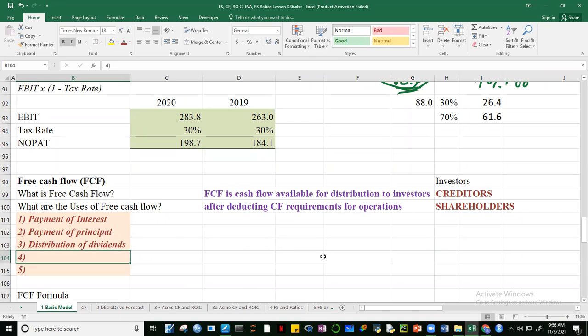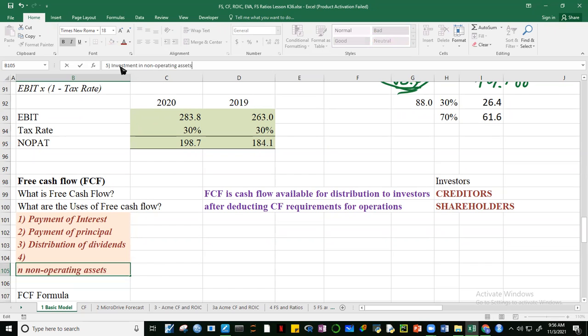Okay, so what else, guys? Yes, Joanna? Reinvestment in the company. Okay, reinvestment in the company. As far as the cash flow requirements for operations is concerned, that should not be part of free cash flow. But maybe Joanna is trying to say here, investment in non-operating assets, right?